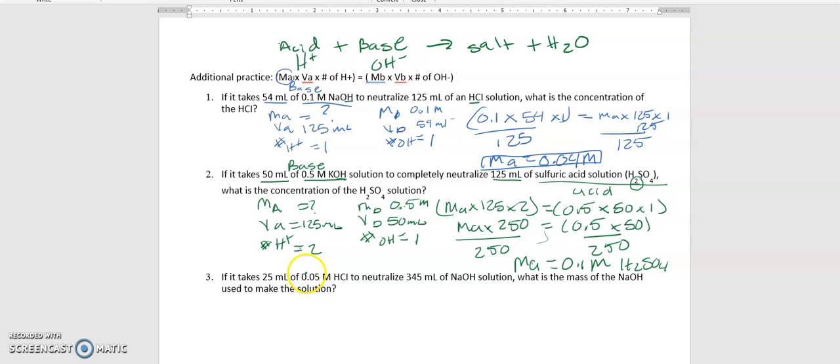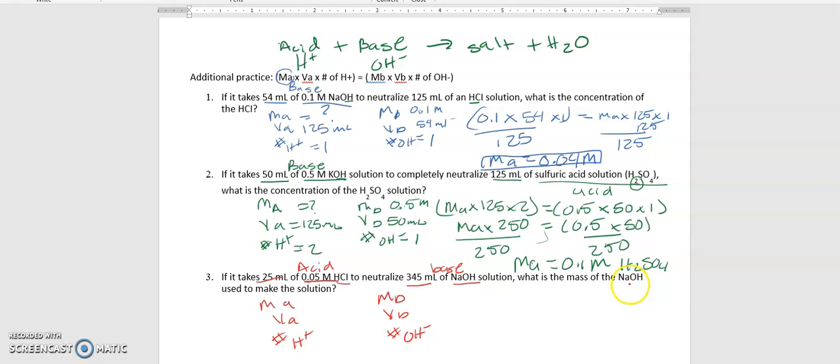Last one. Okay, so it says if it takes 125 milliliters of 0.05 molar hydrochloric acid, so there's my acid, to neutralize 345 milliliters of sodium hydroxide solution, so that's my base.